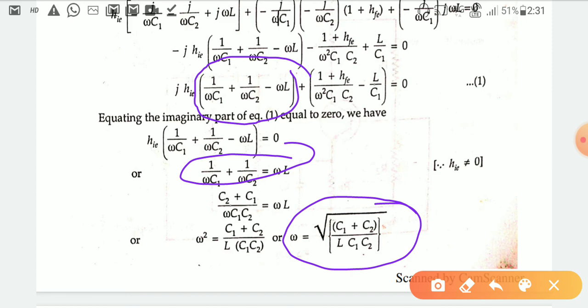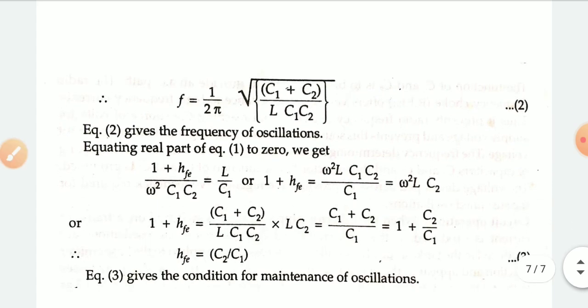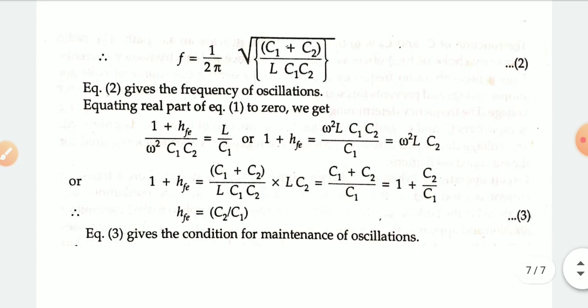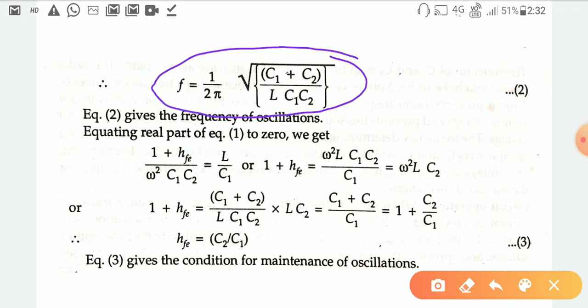And from this you can get the value of f, because omega is equal to 2 pi f. So the expression for f is 1 by 2 pi root over of (C1 plus C2) by (L into C1 C2), which is the frequency generated by the Colpitts type of oscillator.